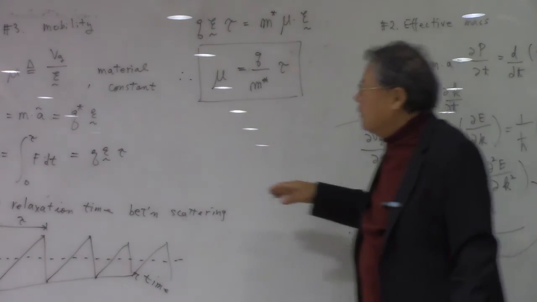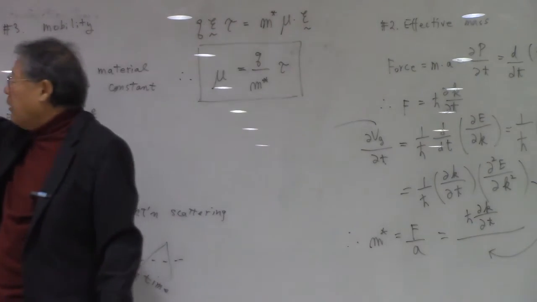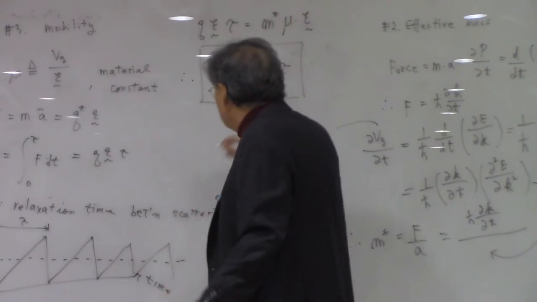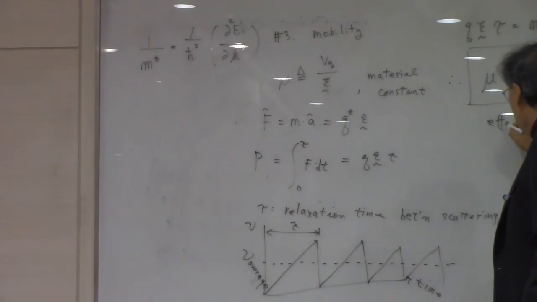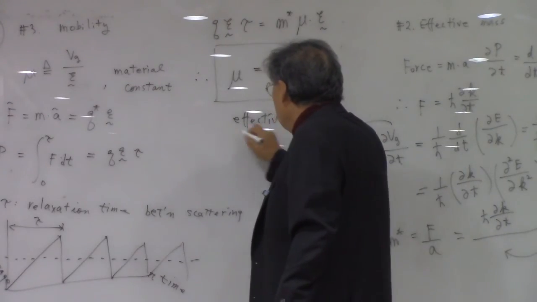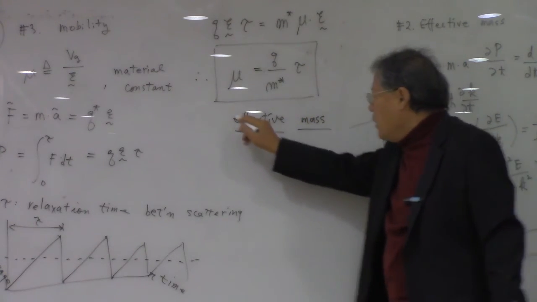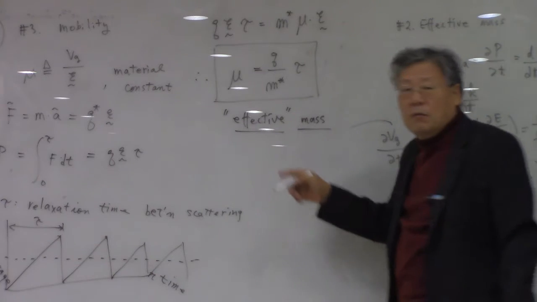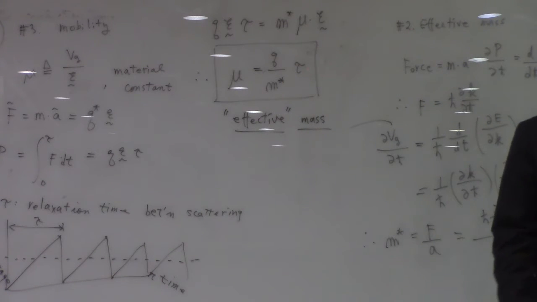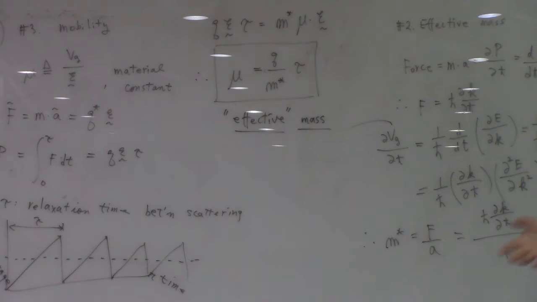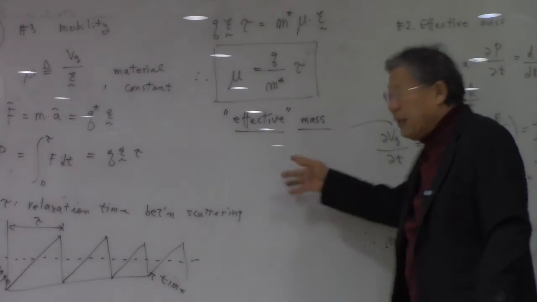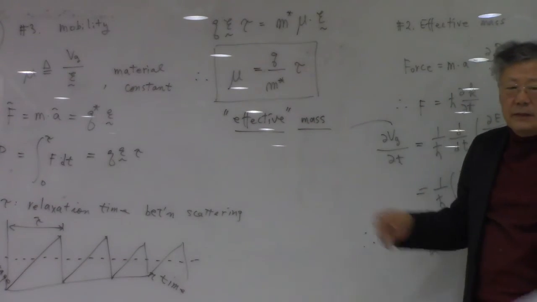And by the same token, as far as the effective mass is concerned, what is effective mass? Why do we call it effective mass? Effective is a very interesting English word. We really don't know the mass, but it corresponds to mass, so we call that effective mass.